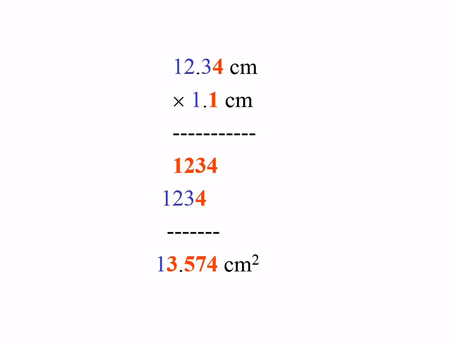So the decimal goes there, and I have a red hot number there. In this case, we're going to keep only one red hot number. Since we have a digit of 5 after where we want to round, we need to round up. So the answer is going to be 14 centimeters squared. That's it.